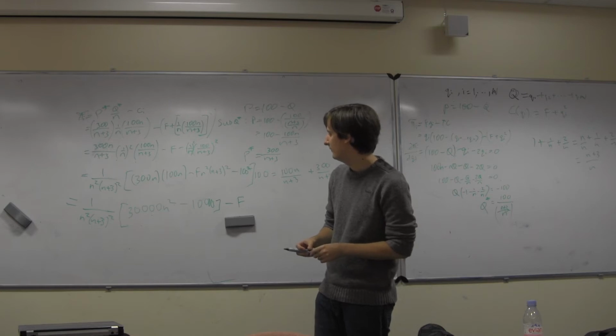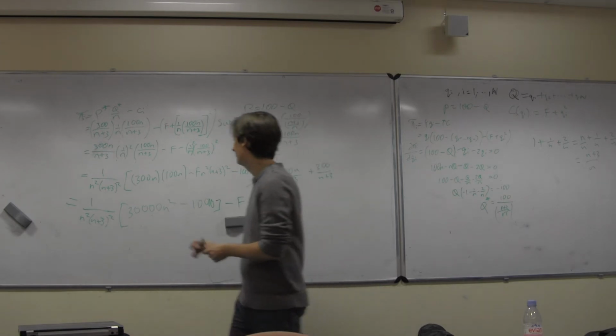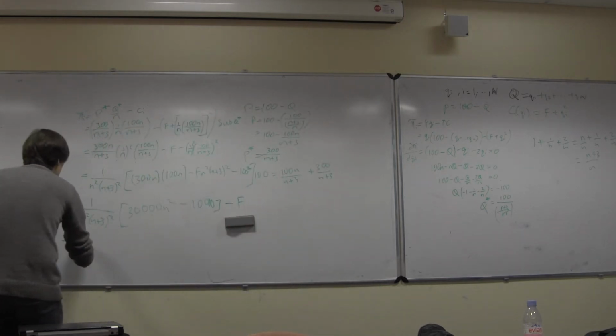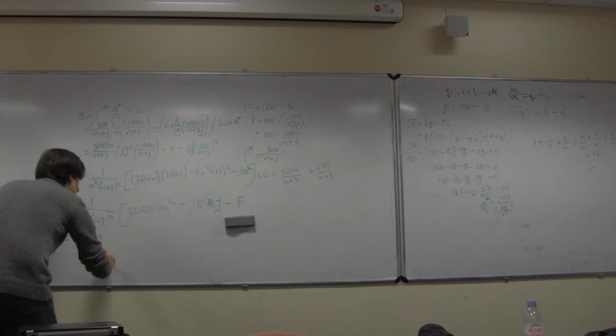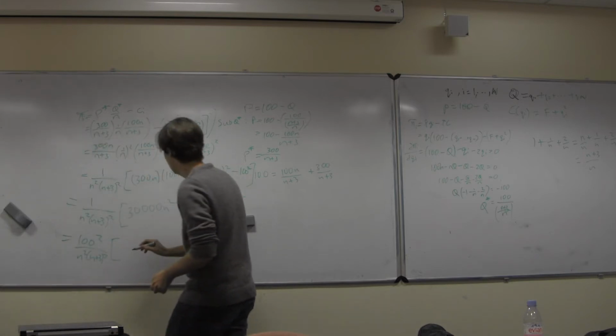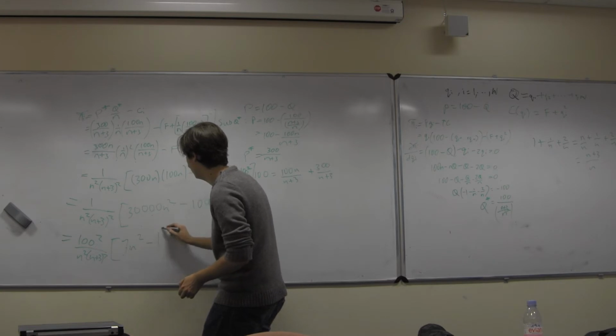So we can certainly take out 100 squared if we wanted to. So we can write that as 100 squared over n squared n plus 3 squared. So it's going to be 3n squared minus 1.